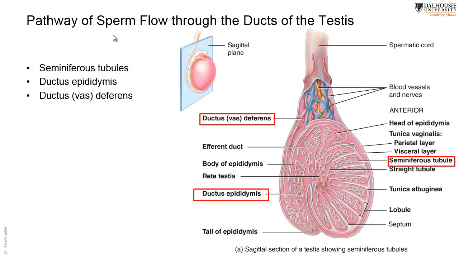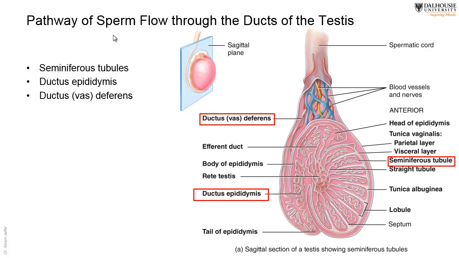Now, returning back to anatomy, we have the ducts. So the ducts start as the seminiferous tubules. We mentioned them, and these seminiferous tubules will join together and form a single tube, which is called the ductus epididymis. It is a very long tube, narrow at its beginning, and then it starts to become wider and thicker, and this is called the epididymis.